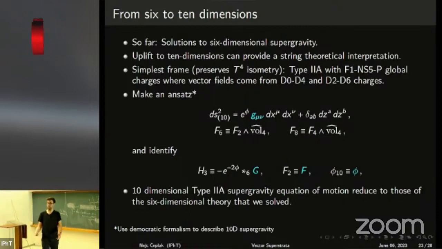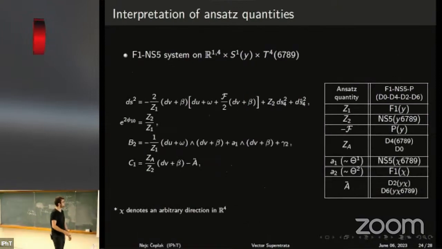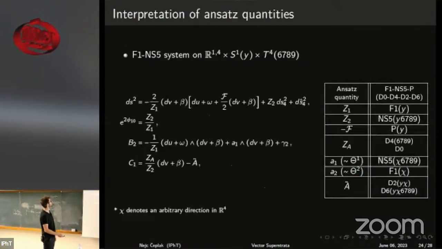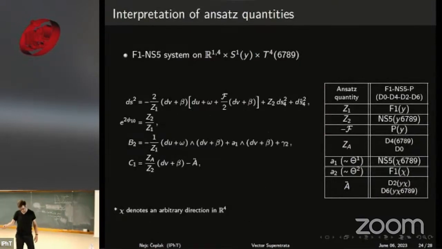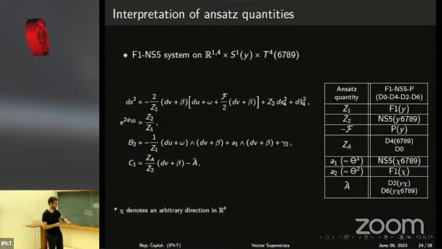So what this allows is that the solutions to the 6-dimensional equations of motion will then solve the 10-dimensional equations. And so you found a way of parametrizing your stringy sources. Then you can use all of the machinery of string theory to use T and S dualities to transform between different frames.